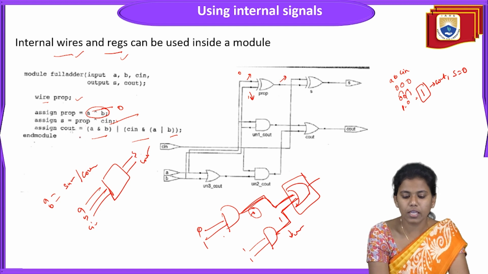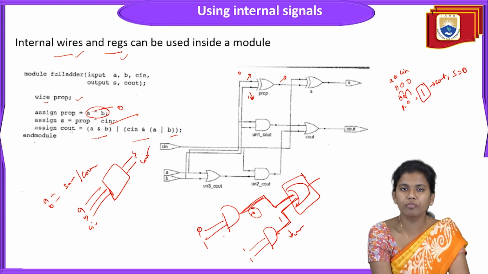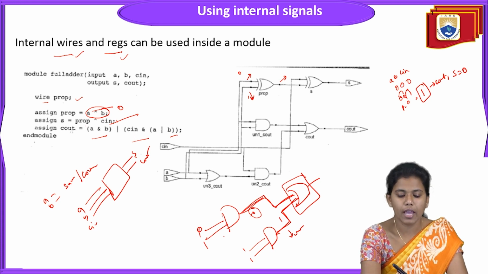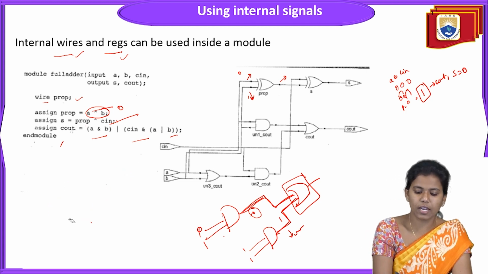So C out, how are we getting it? It is an OR of the AND of both inputs A and B, and the AND of C in with A or B. And then finally we end up with the end module. As per this, I can write the expression like this.